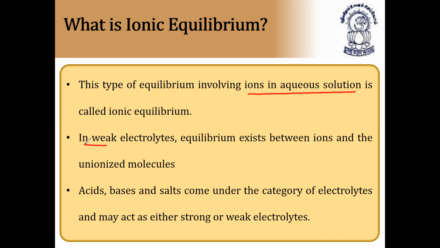In weak electrolytes, the equilibrium exists between ions and the unionized molecule. The important point here is what a weak electrolyte is. We are going to discuss it now. Which type of compounds come under weak electrolytes?